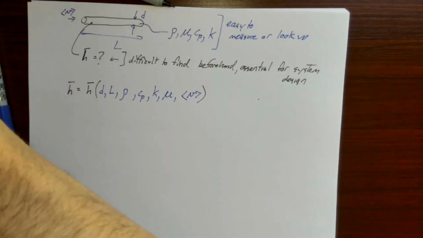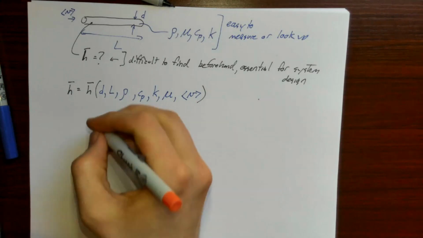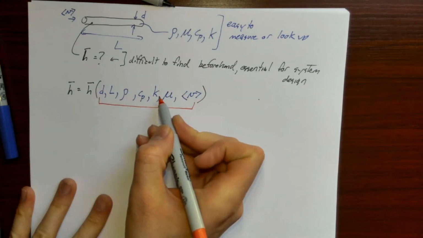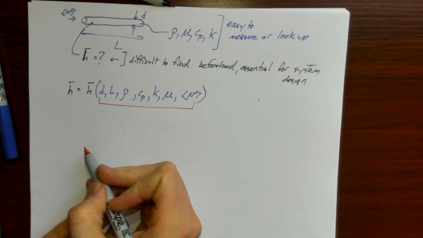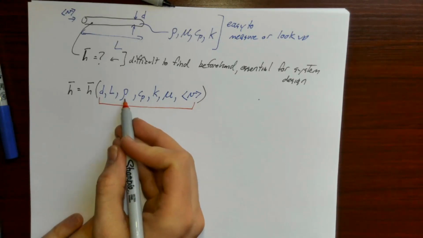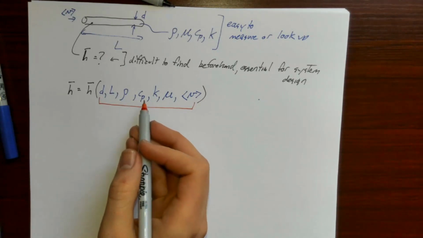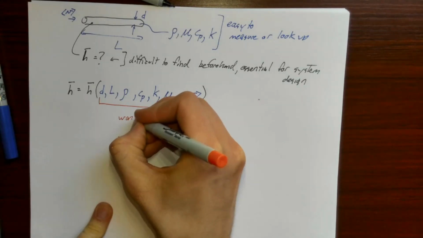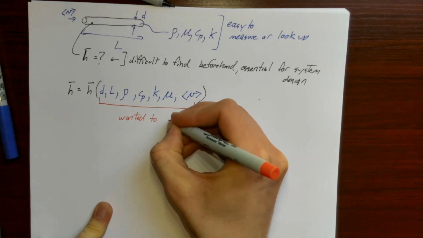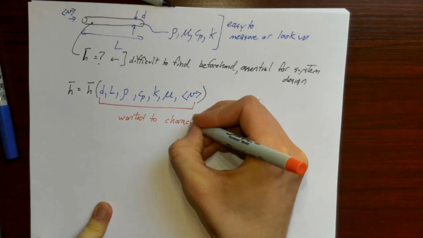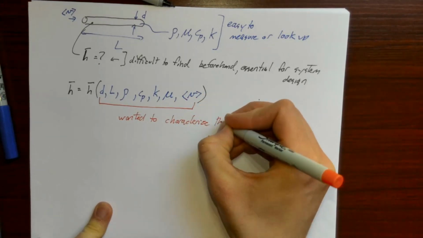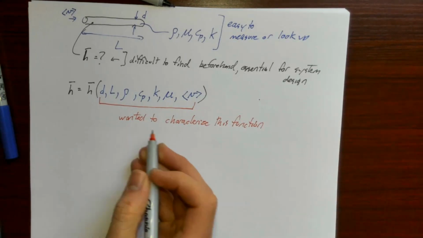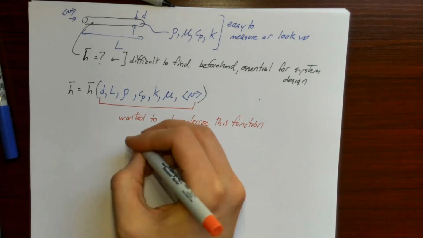Let's say I wanted to formulate this function, and I wanted to do so with 10 different values for each of these things: 10 different tube diameters, 10 different tube lengths, 10 different fluid densities, 10 different specific heats, and so on. Let's say I wanted to characterize this function by running experiments.